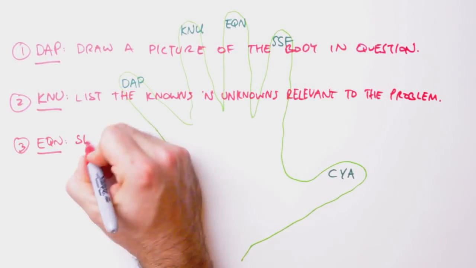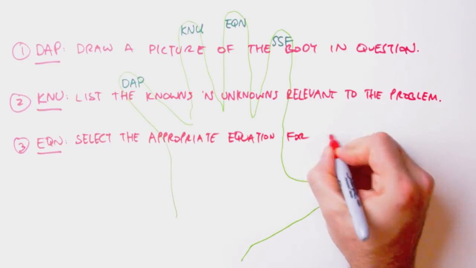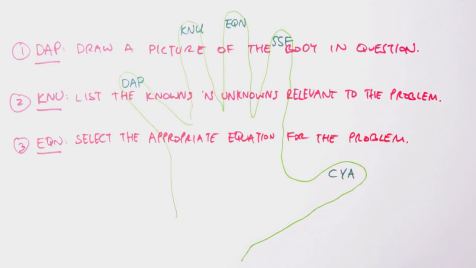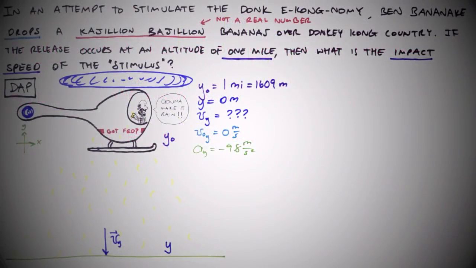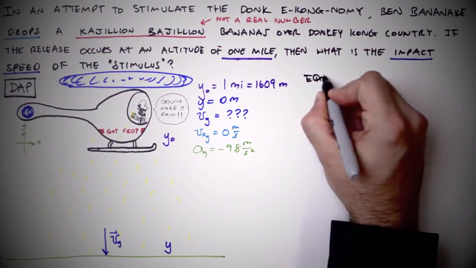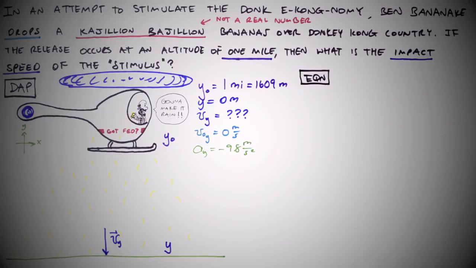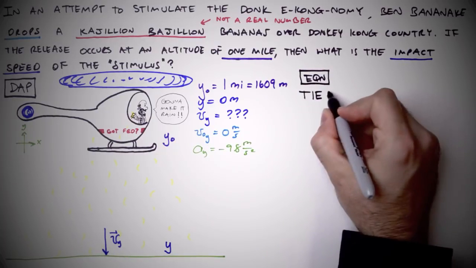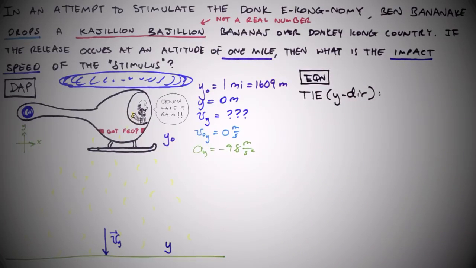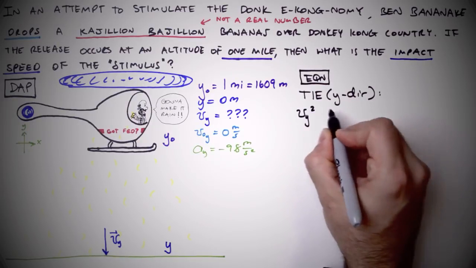Step 3. Select the appropriate equation for the problem. This step is the crux of physics problems, and for green physics students, pardon the etymological pun, the bane of their studies. I can't count the number of times I've been asked, Professor Mason, which equation do I use? Alas, there is no silver bullet for choosing the right equation.